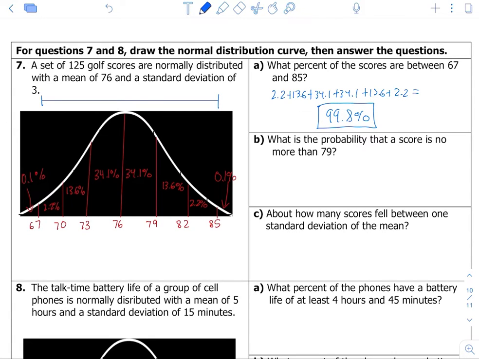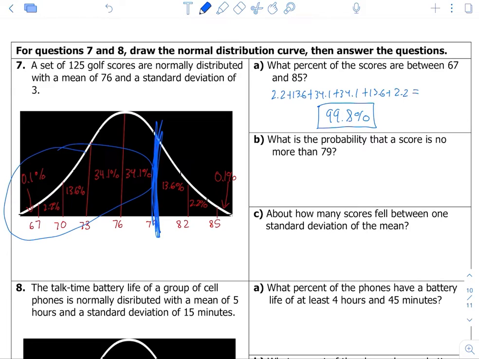So there's that. Part B, what's the probability that a score is no more than 79? So that means, what's the chance of it being no more than this value? So that means what's the percentage of all of these combined?